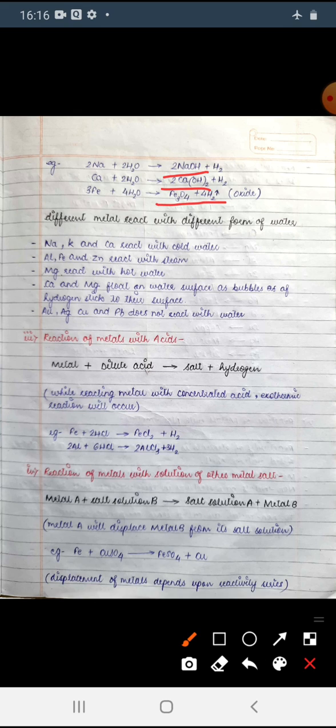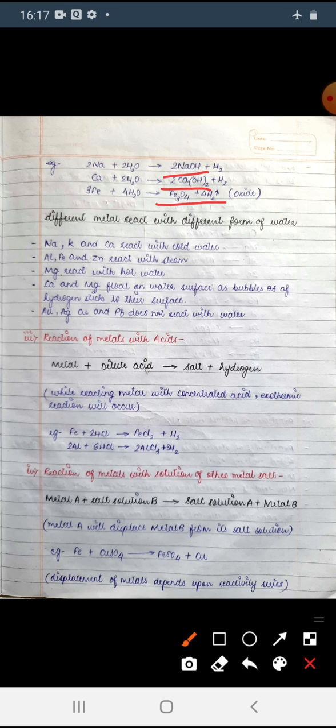Here hydrogen is released and oxide is formed. As iron is less reactive compared to calcium and sodium, that's why it has formed oxide first. And when this oxide reacts further with water, it will definitely form hydroxide. Iron hydroxide will be formed.